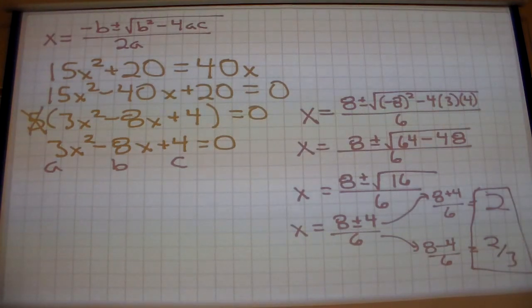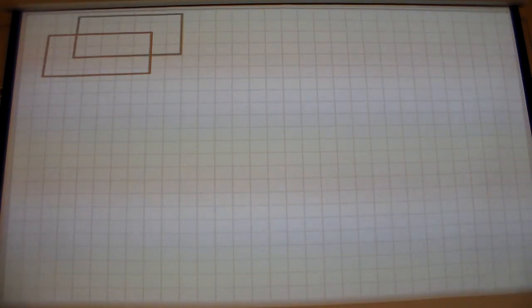Okay, last thing I want to show you. Hopefully not to scare you. Let's just kind of look at a word problem here. It's important that we understand we are going to have to relate these back to word problems from time to time. And area is usually the way that we'll do it.